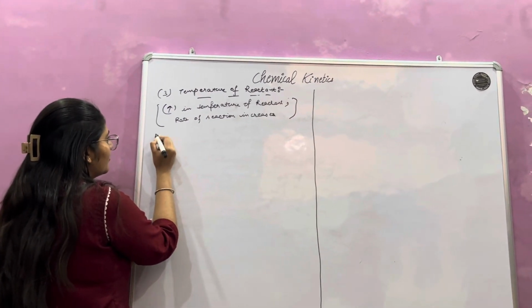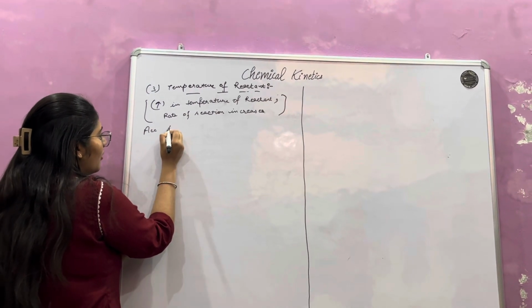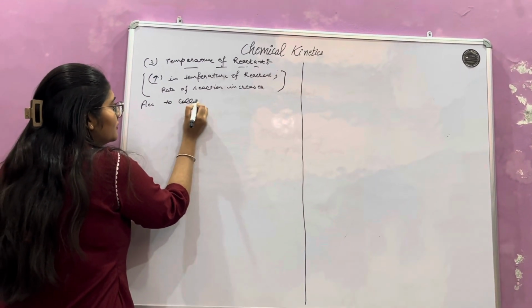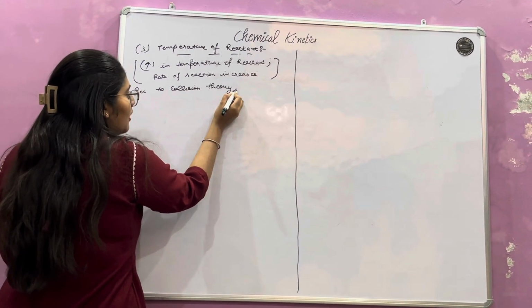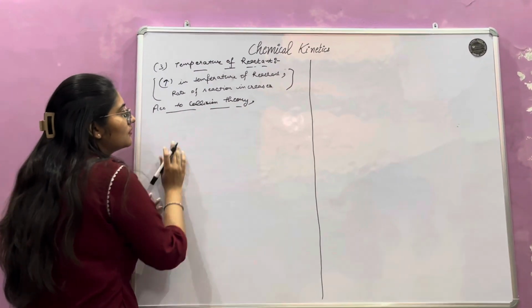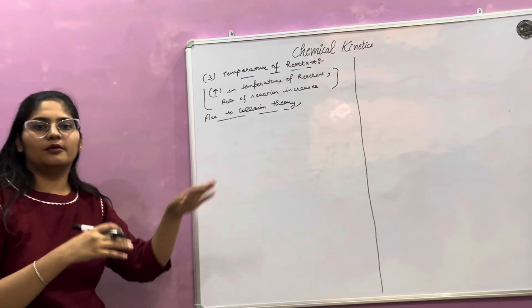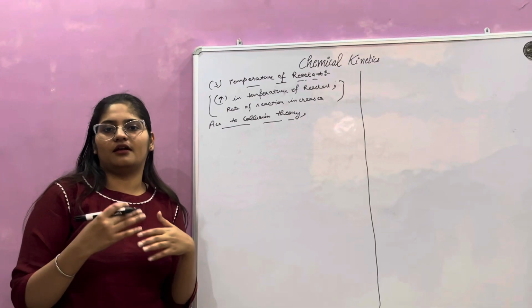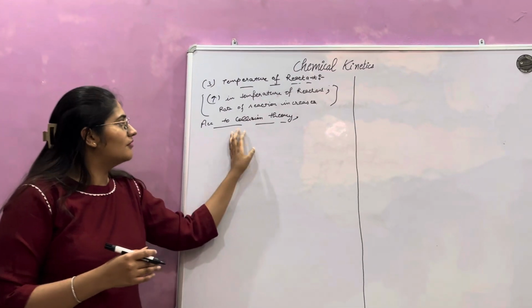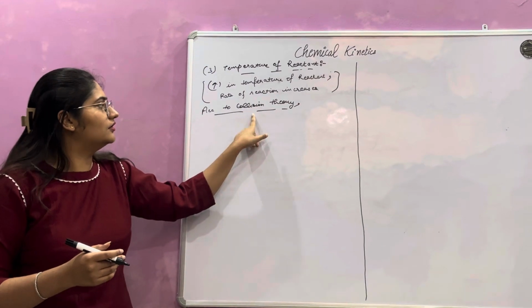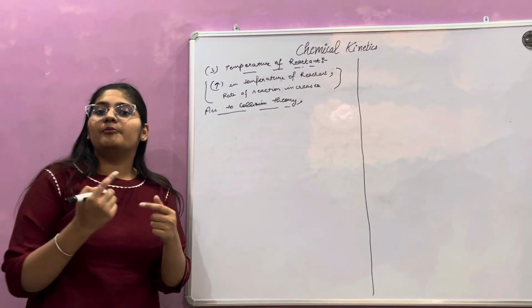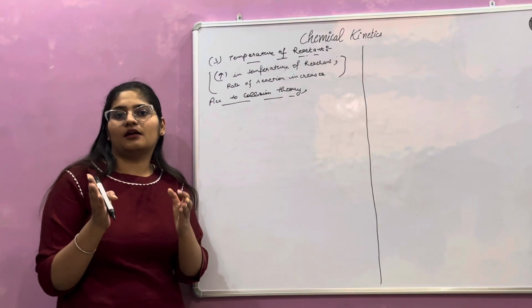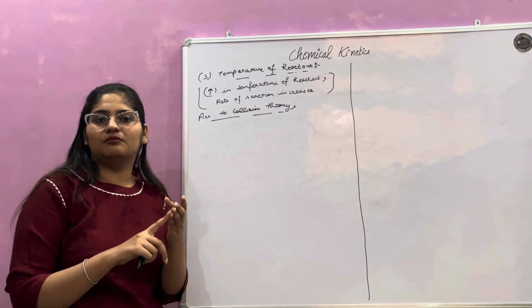Now, according to collision theory, if the number of collisions increases, then rate of reaction increases. But according to collision theory, only effective collisions will proceed the reaction. What does effective collision mean?